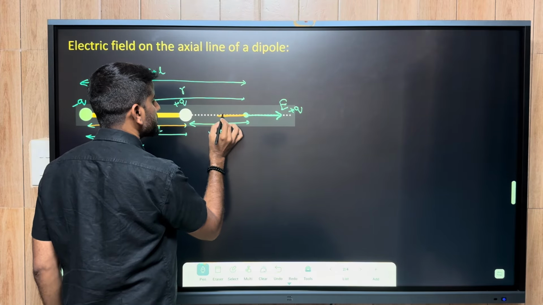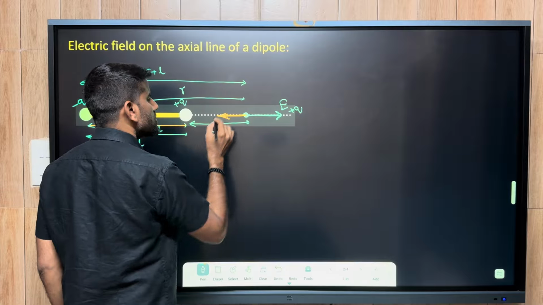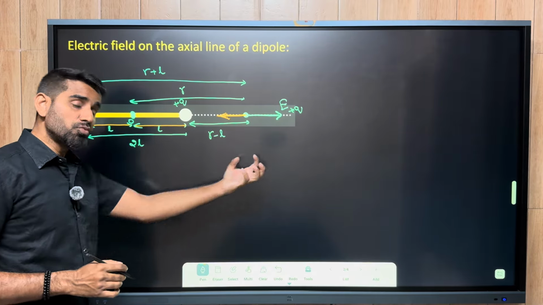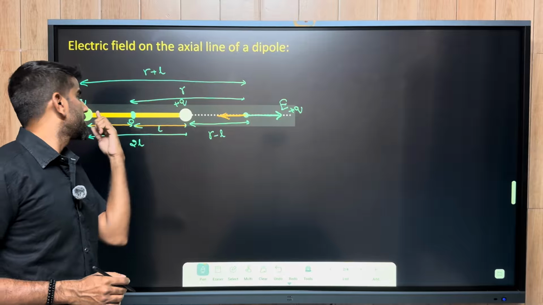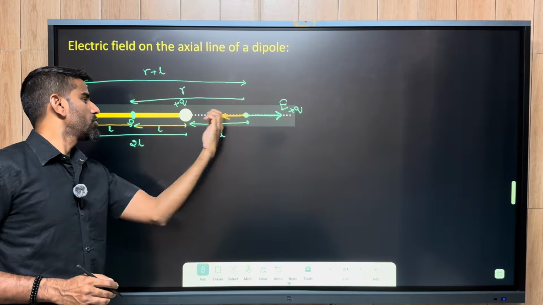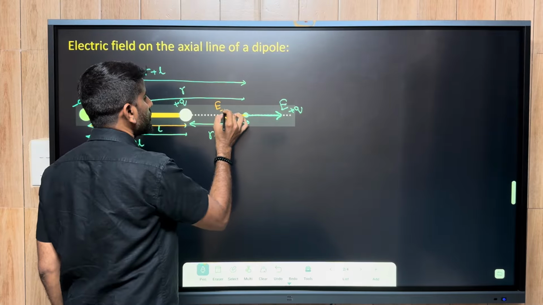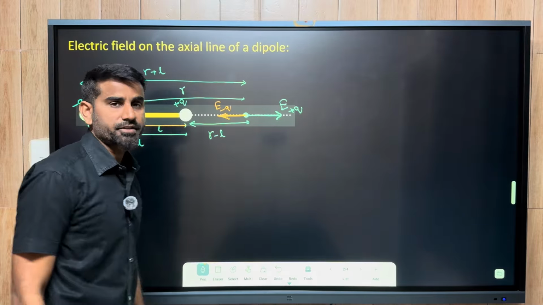Why? Because the electric field points towards the negative charge. The electric field due to minus q is to the left.